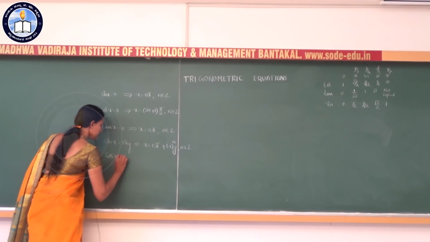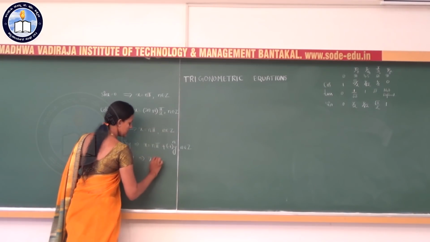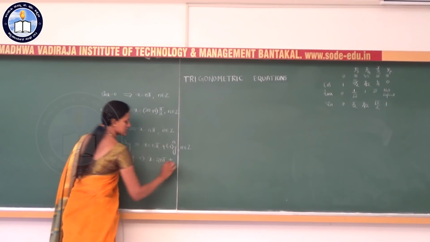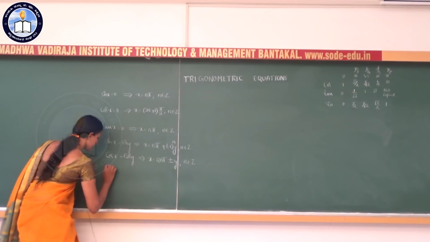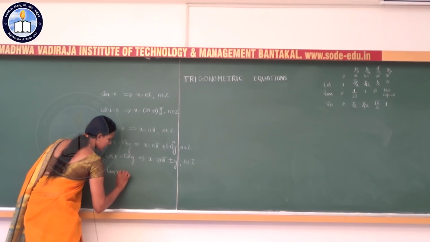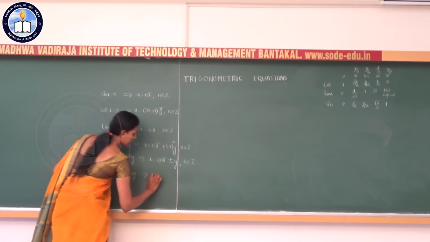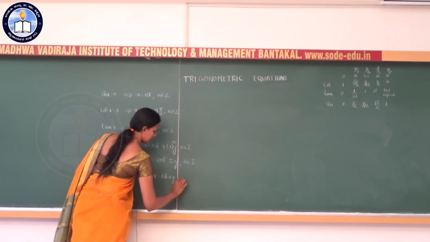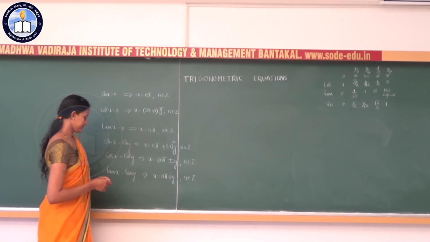Cos x is equal to cos y implies x is 2n pi plus or minus y, where n is an integer, and tan x is equal to tan y implies x is n pi plus y for integer n.